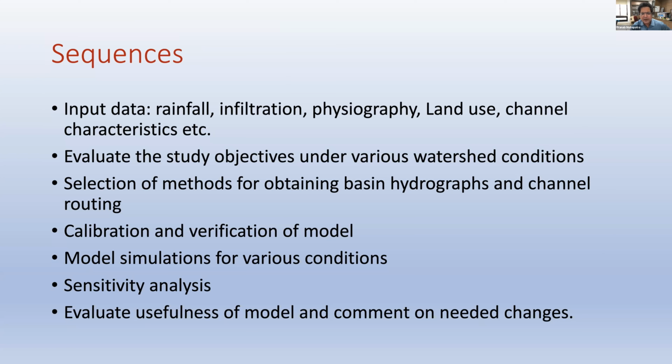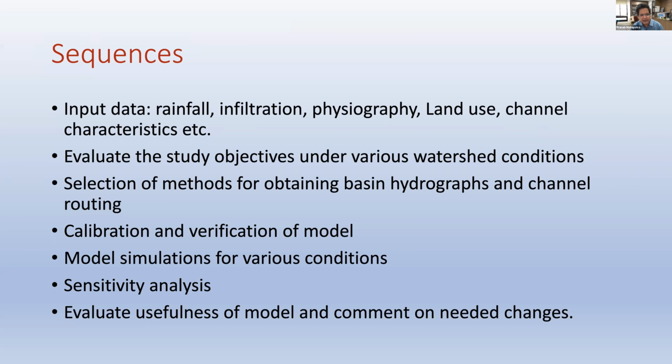Once your model is ready, you can use it to simulate different conditions. You can play with the catchment. Please note that a river, a stream, is not just those two banks. It is the entire catchment. So if you are doing some kind of activity in some part, if you are developing a town, or if you are disposing something somewhere, any activity in the catchment is going to affect the river.